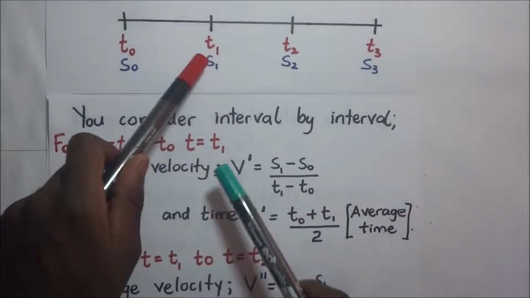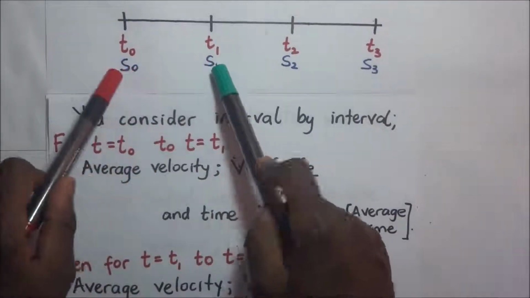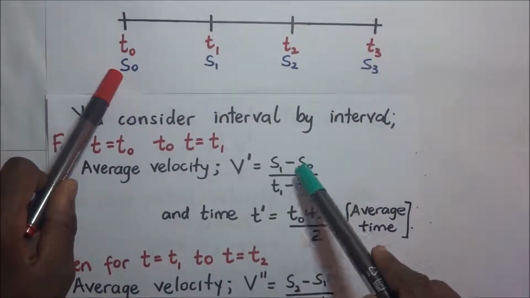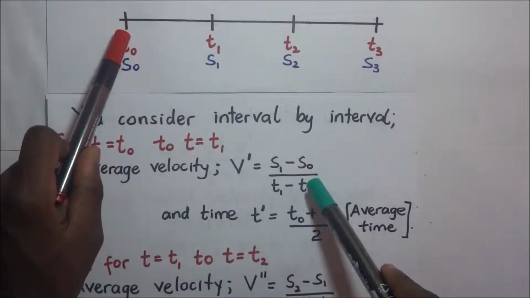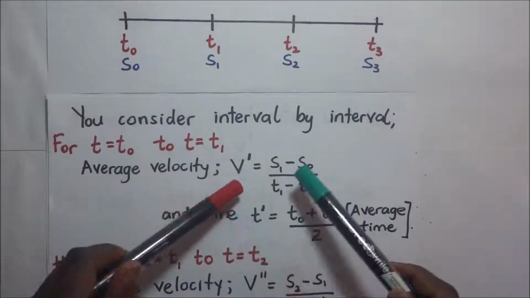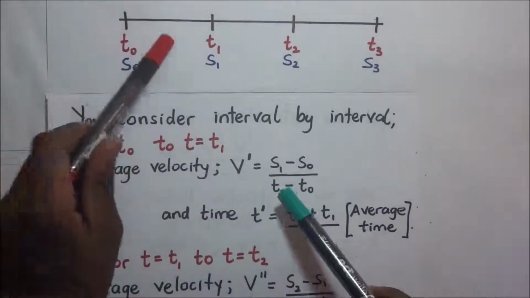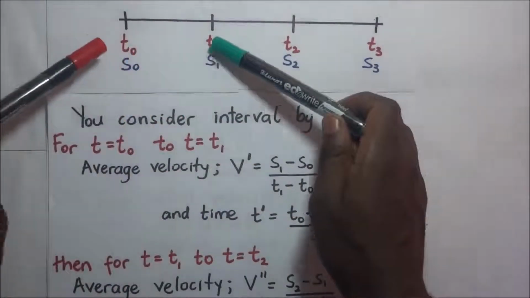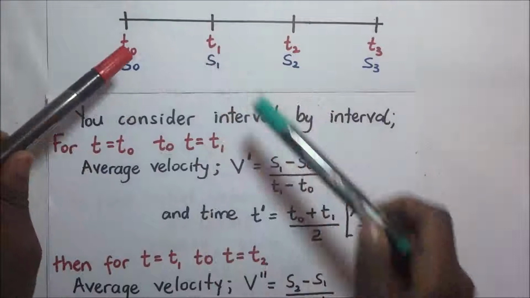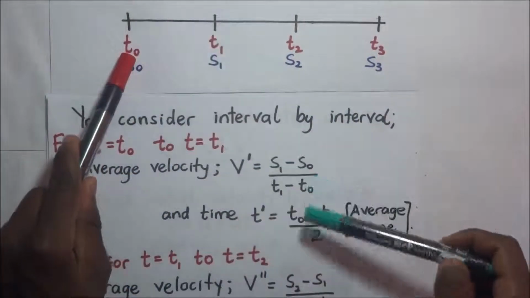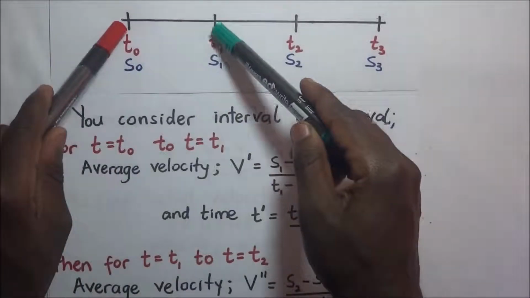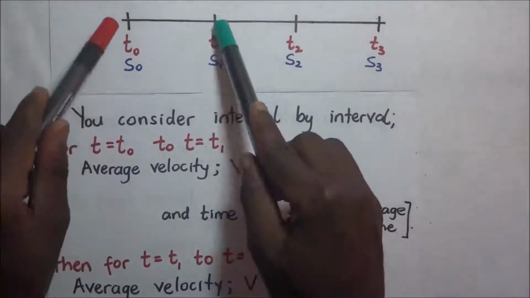So we take the final displacement minus the initial, s1 minus s0, divided by the time t1 minus t0, so that we are able to get the velocity in this interval. And the average time in between is going to be t0 plus t1 divided by 2. So we've got the information for that interval.